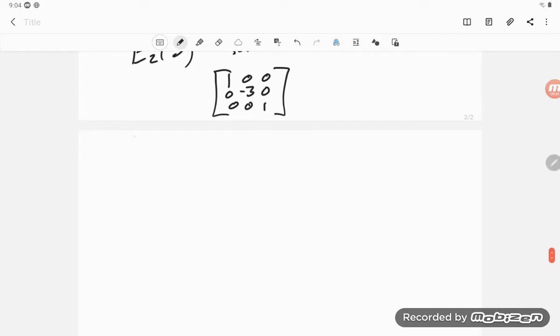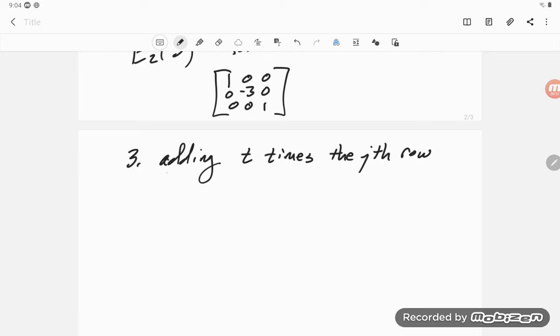And then finally, 3 was adding T times the jth row to the ith row.